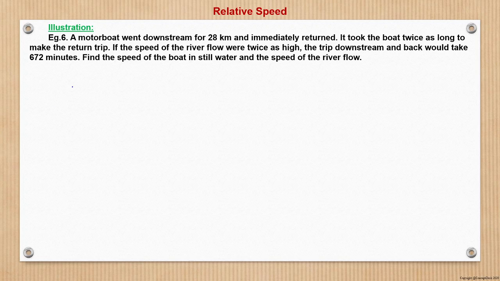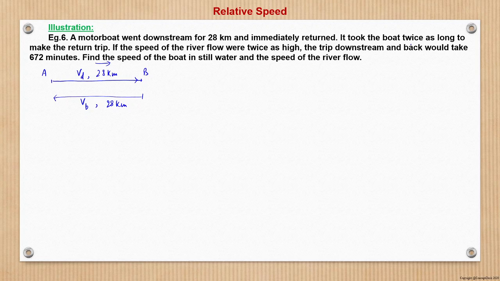A motorboat went downstream. So that means it goes from point A to point B, which is 28 kilometer. This is downstream, so this will be at a speed of Vd, and immediately turned back from B to A. It came back, so this will be at a speed of Vu and again 28 kilometer.